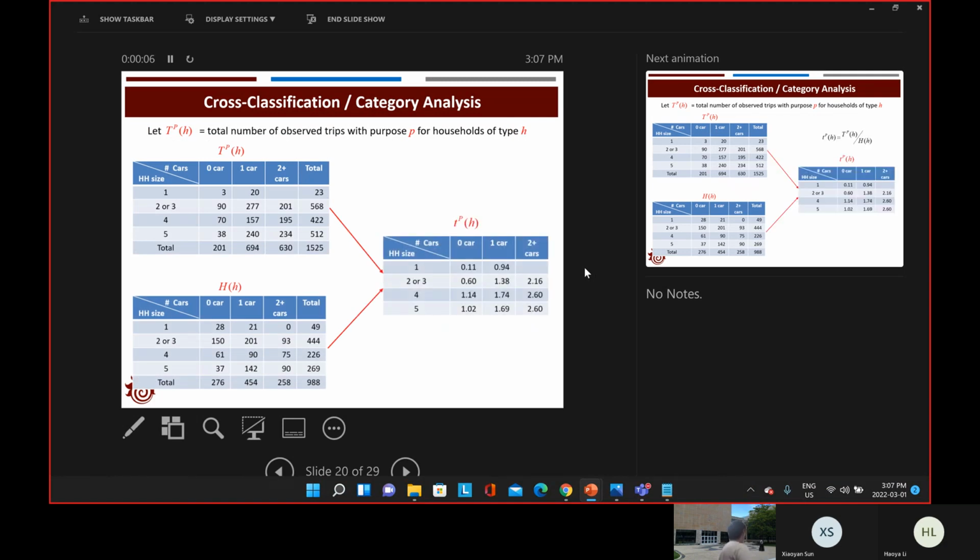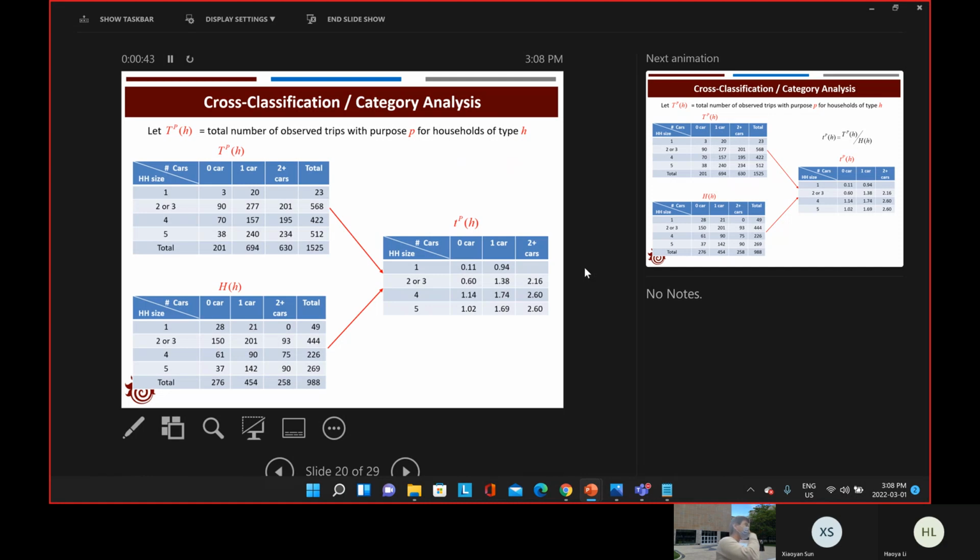You see that we are usually provided with the number of households and the total number of trips in each cell. The first method, the cross-classification method, is pretty simple. The rate is just the total number of trips divided by the number of households, which tells you the average number of trips that each household will take every day.